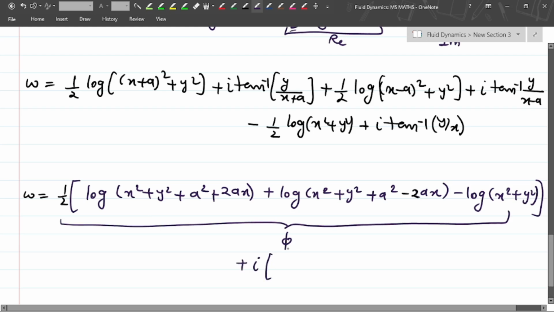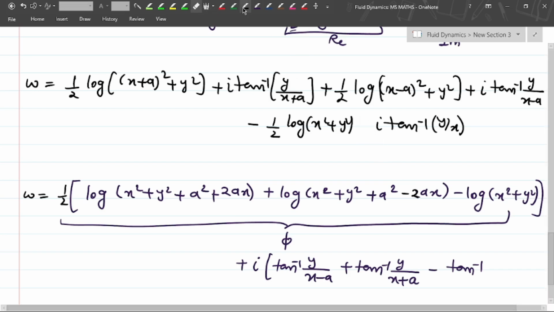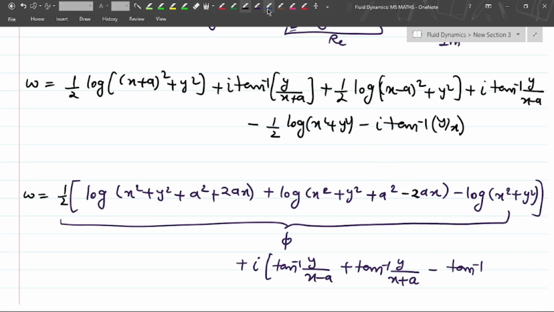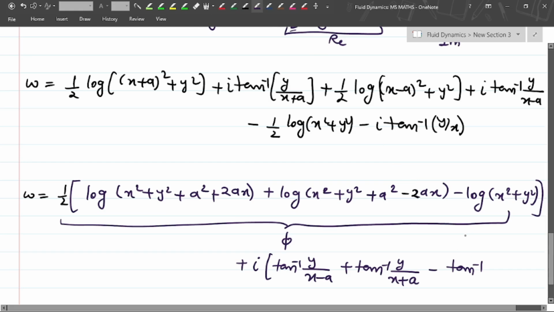Next thing, tan inverse y upon x minus a plus tan inverse y by x plus a, and minus of tan inverse. Yeah, it is minus here because the last term is minus. Then it is what?